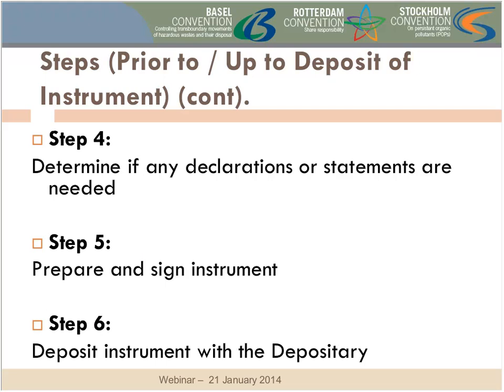You would need to have a consultation with the relevant authorities at the national level to see what would be appropriate there for your context. But there are model instruments that are available to assist in this process, and they are also located in the treaty handbook that we saw just a couple of minutes ago. As the next step, the instrument will need to be deposited with the depository.